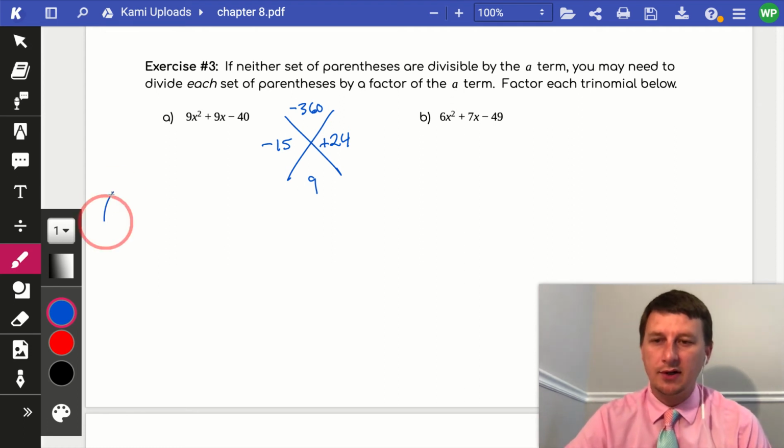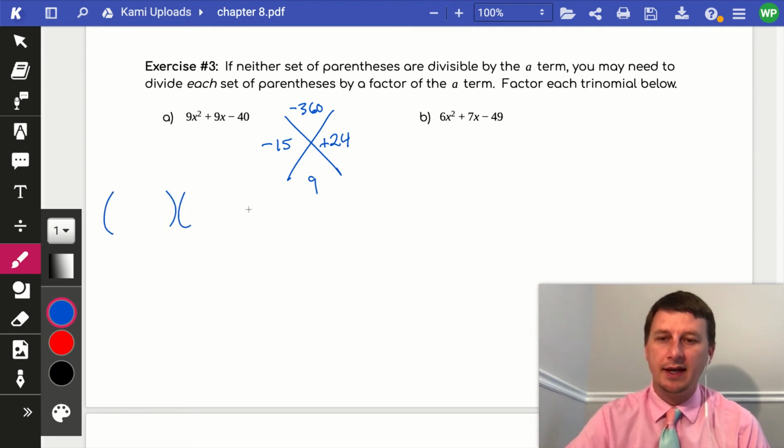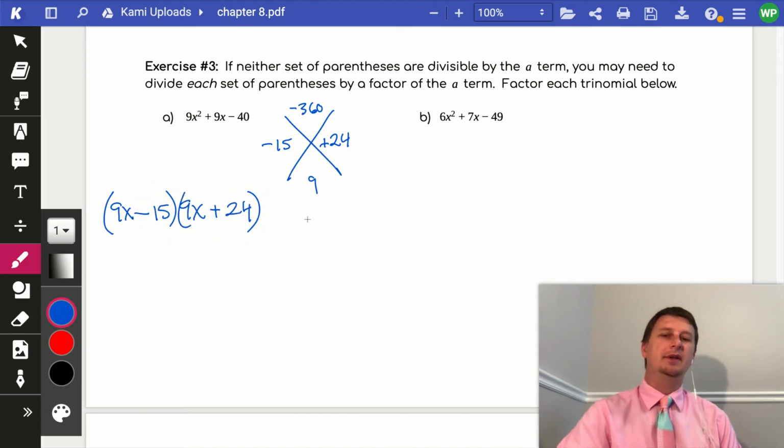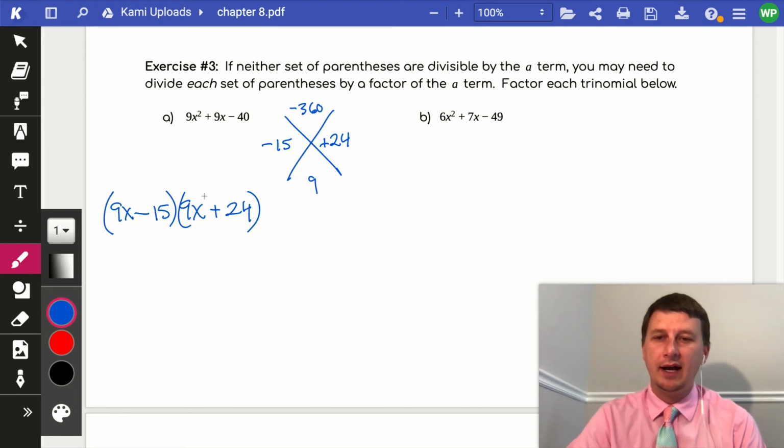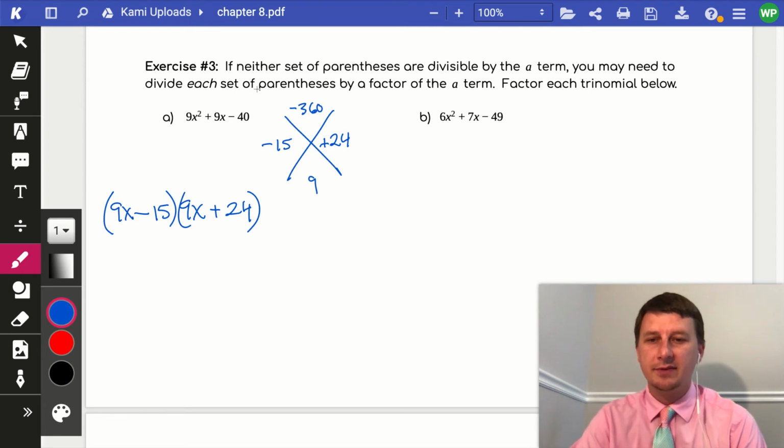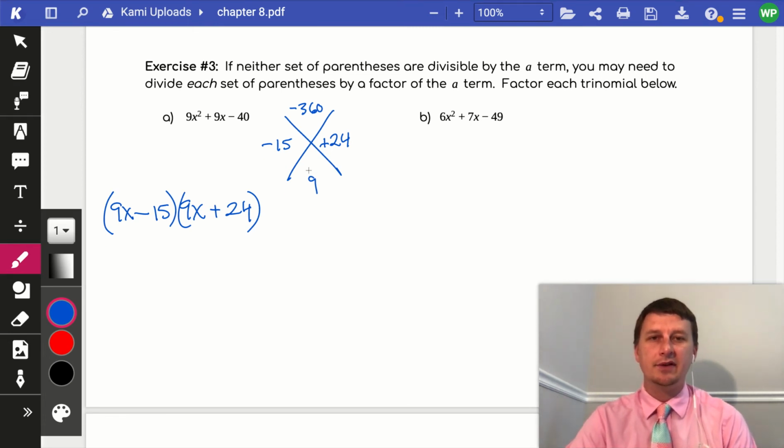Again, we're going to start each parenthesis with a 9x, because that's our a term, and we know it's going to be minus 15 and positive 24. Our last step in the previous exercises was to divide the one that's divisible by 9 by 9. Which one of these is divisible by 9? Neither of these is divisible by 9.